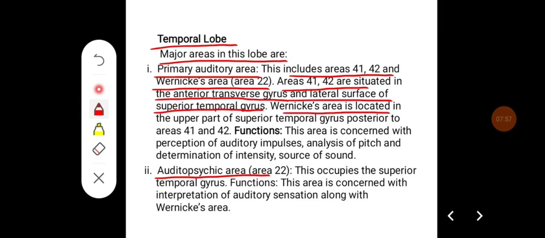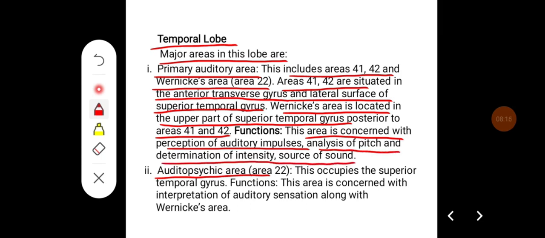Wernicke's area is located in the upper part of the posterior temporal gyrus posterior to area 41 and 42. The function of primary auditory area is that it is concerned with perception of auditory impulses, analysis of pitch and determination of intensity and source of the sound.